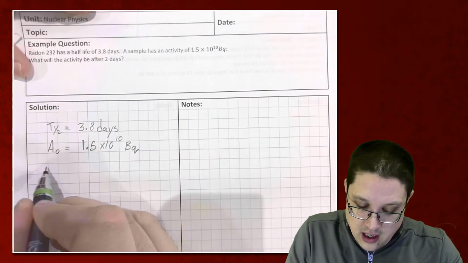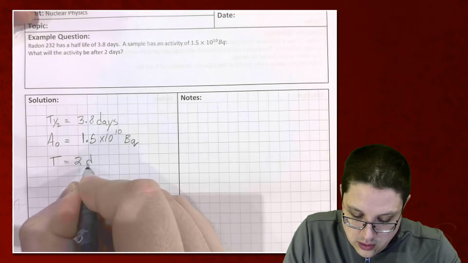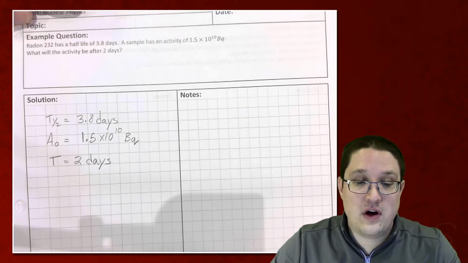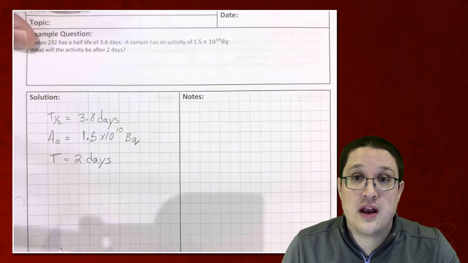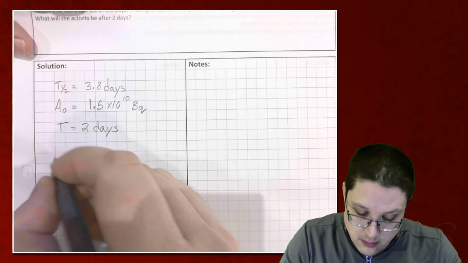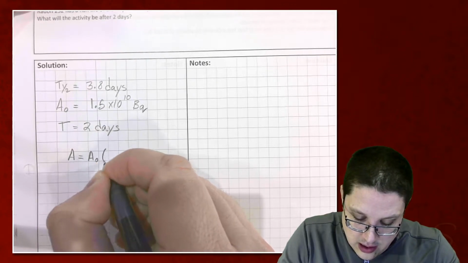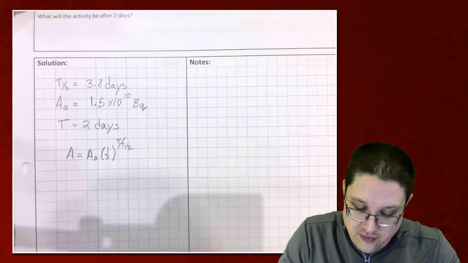And I have an elapsed time of 2 days. Okay, fairly straightforward here. I'm going to plug this into the formula that I already know. So my formula is A equals A0 times 1/2 to the power of T over T half.